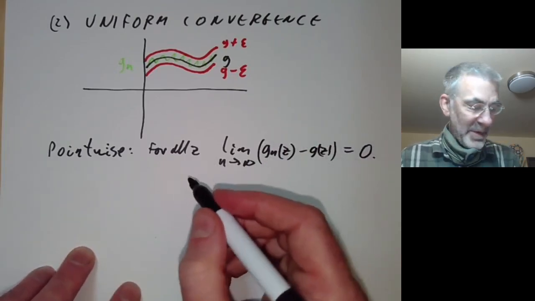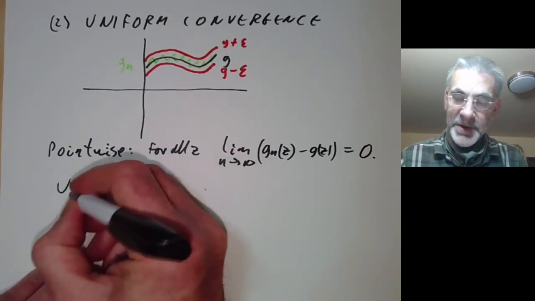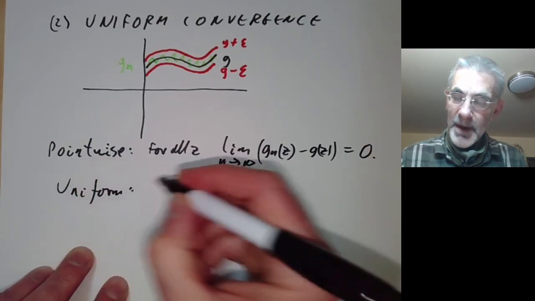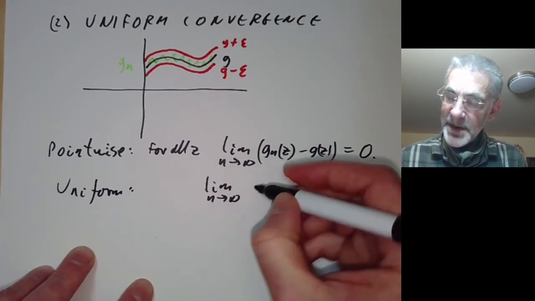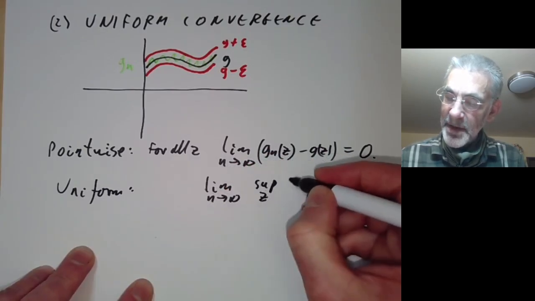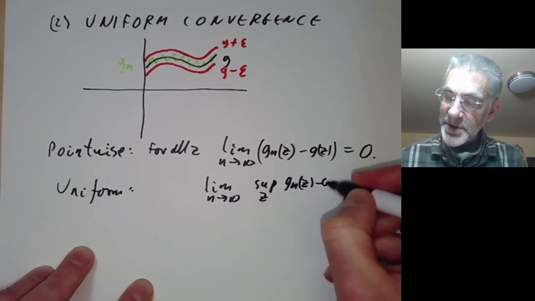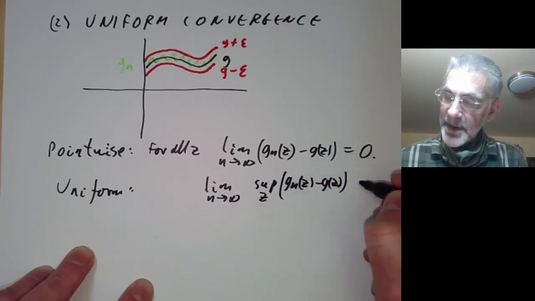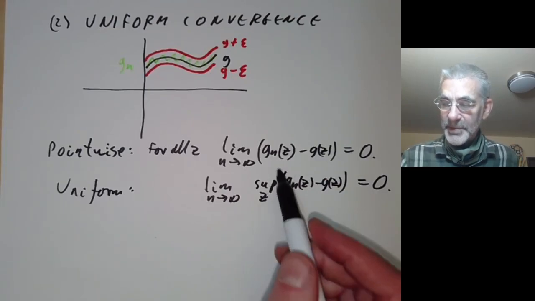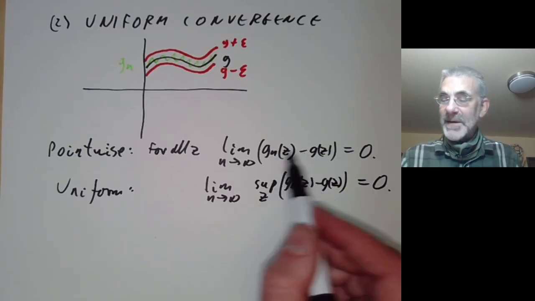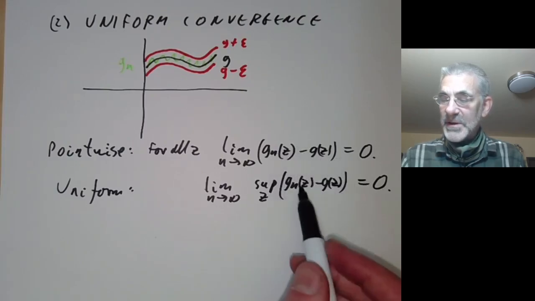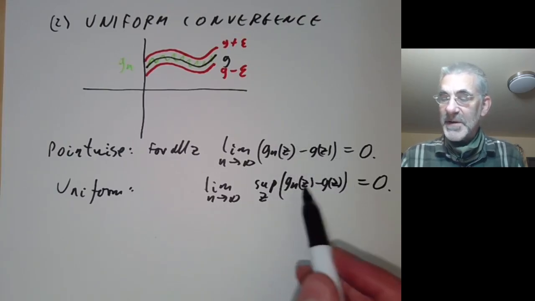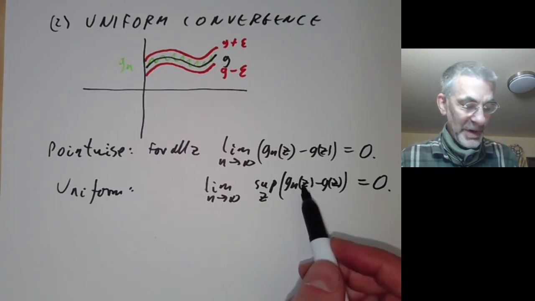On the other hand, for uniform convergence, we would say the limit as n tends to infinity of the supremum over z of |gn(z) minus g(z)| is equal to 0. So this is saying that the gn's must converge at each point. This is sort of saying the gn's must converge at the same rate at all points.